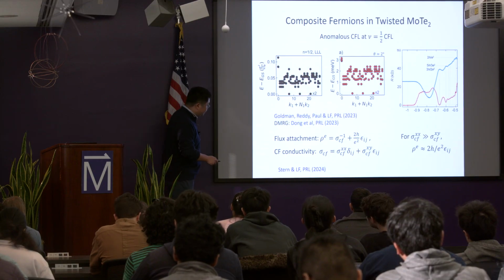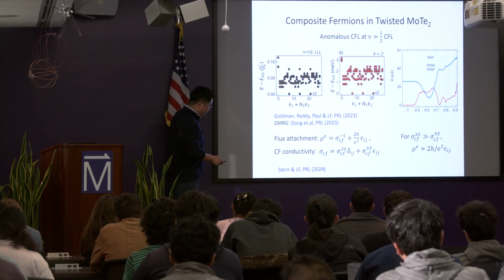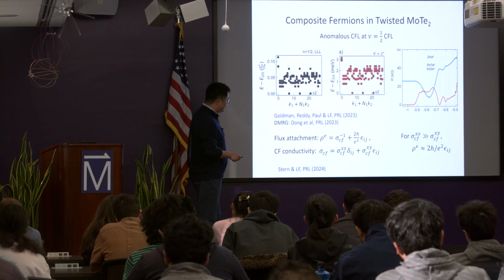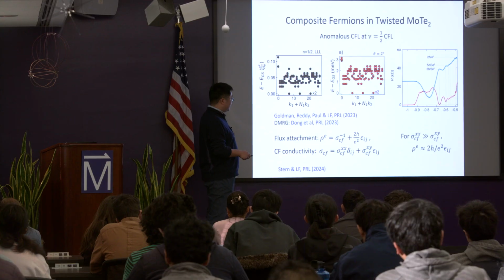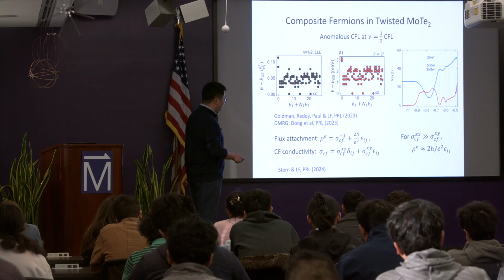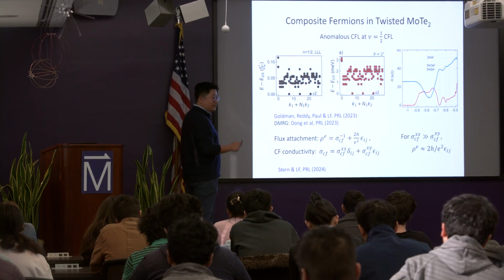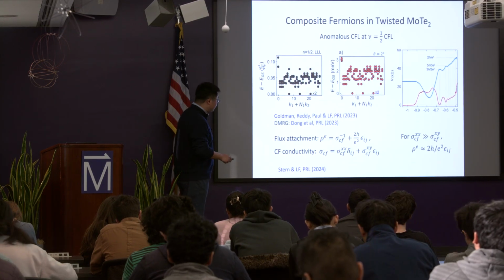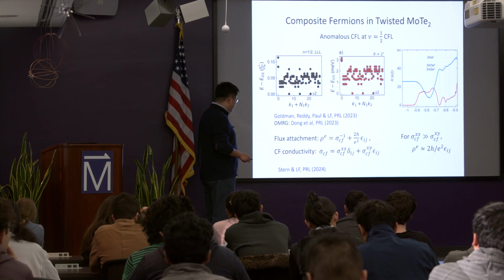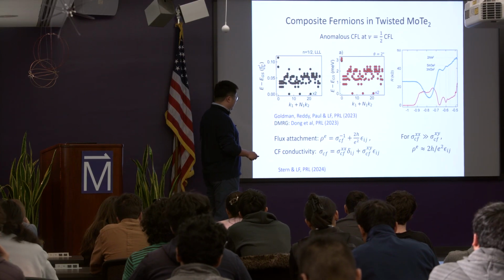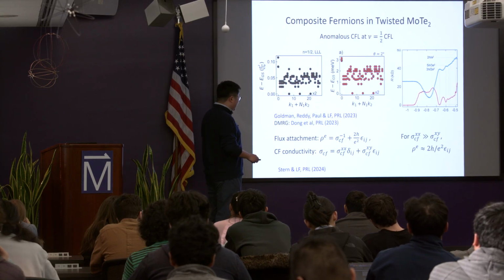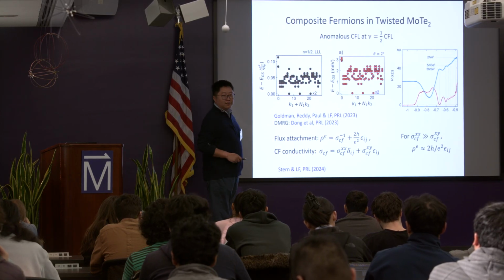Now for the flux, when you attach flux, which are really vortices, these two vortices contribute a Hall resistivity of 2h over e squared to the full resistivity tensor. This is completely off-diagonal. Epsilon ij is a fully antisymmetric tensor, a 2x2 matrix. And then the question is, what about the composite fermion? In general, the composite fermion conductivity has both a diagonal part, sigma xx, and sigma xy. The values of sigma xx and sigma xy depend on details.